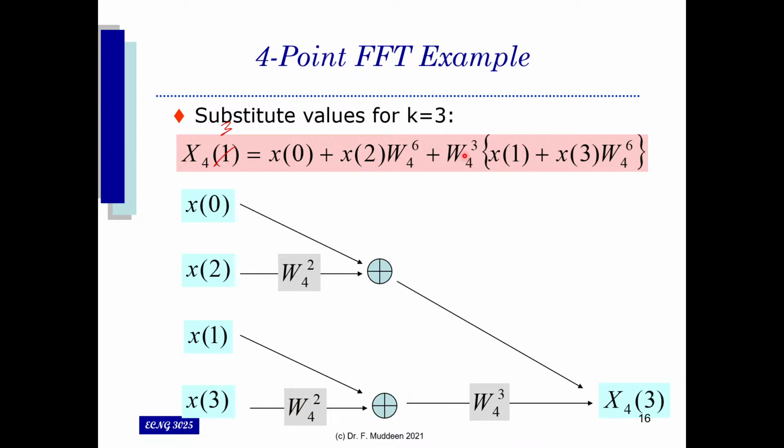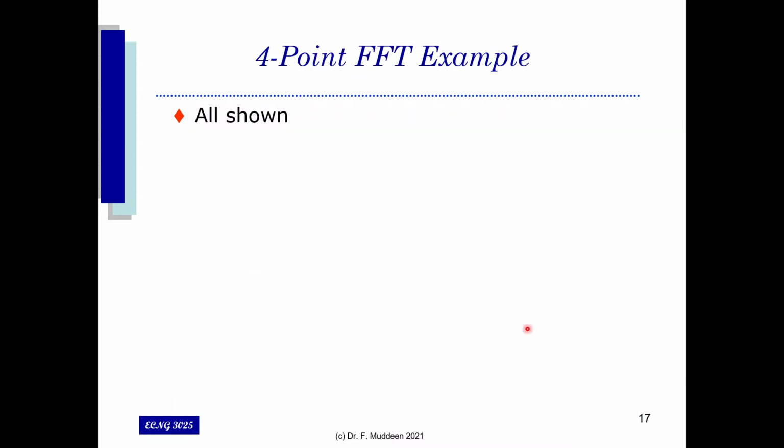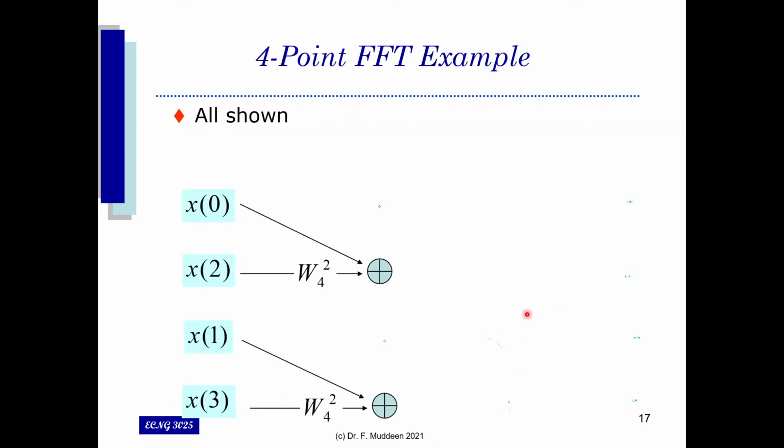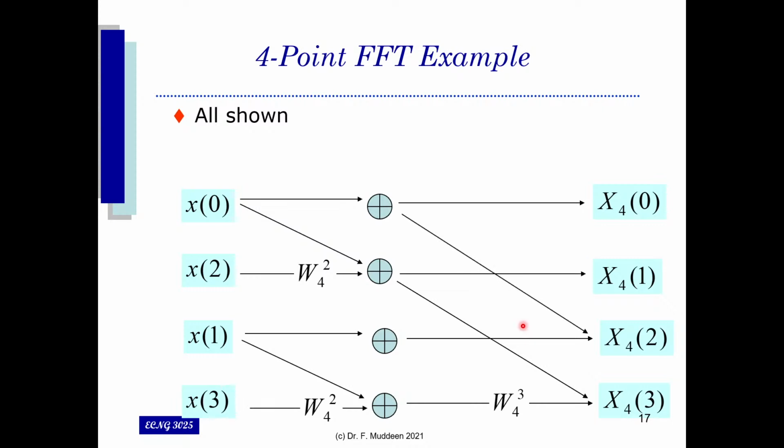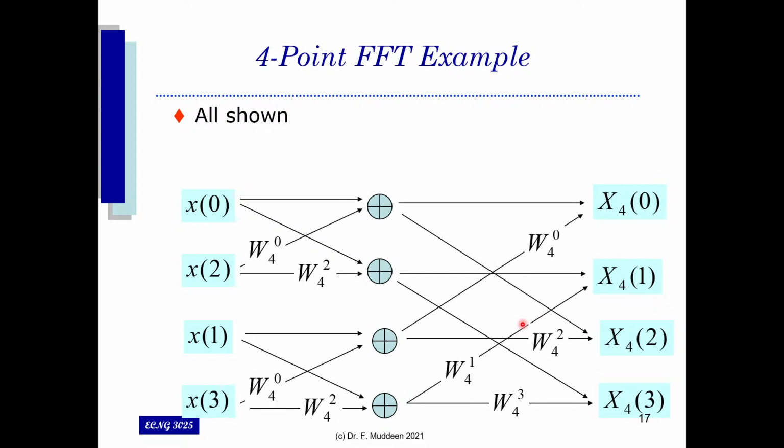The only difference is the W4 of 3 here for our calculations. So when we show all of these together, we see that some sort of pattern emerges from combining all these calculations, and we can observe this pattern visually.